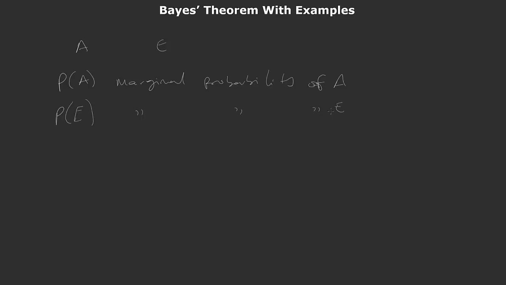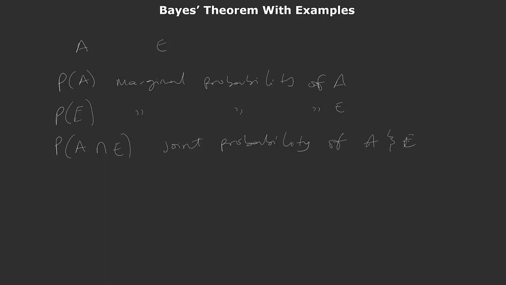But then, if you are told to find the probability of A and E happening, you call this joint probability, the joint probability of both A and E happening at the same time.